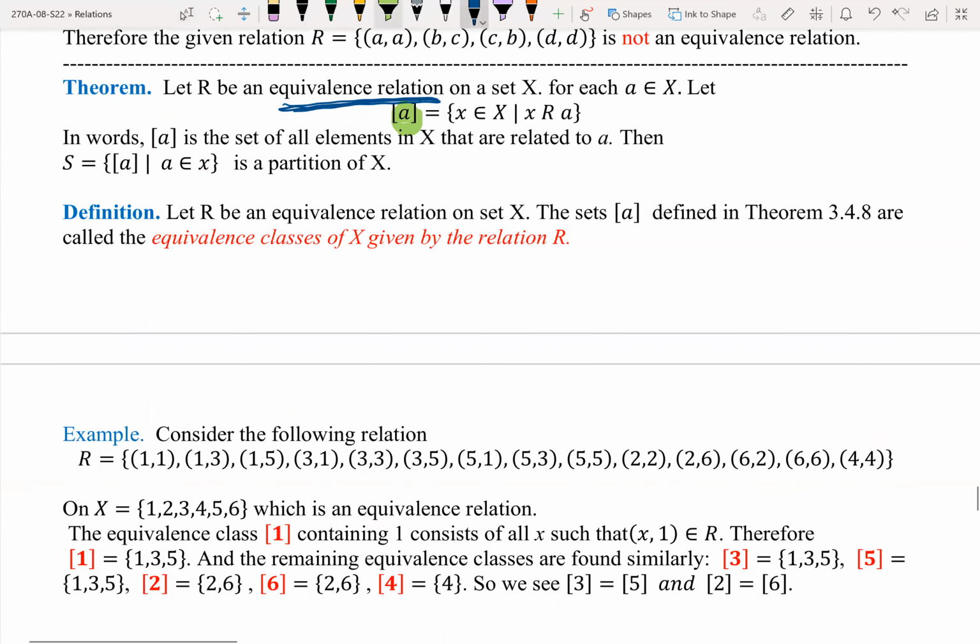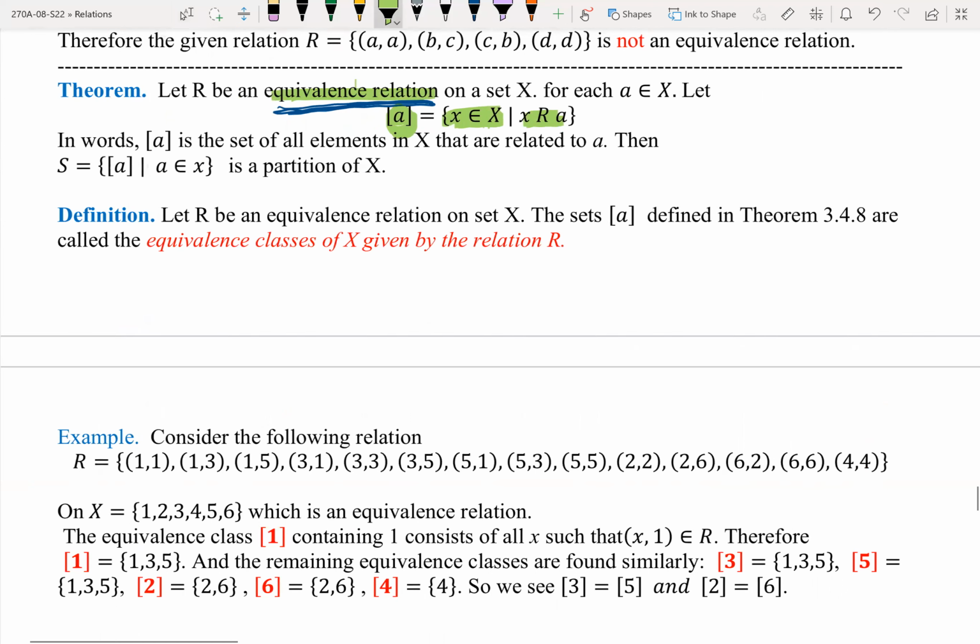The class of equivalence is defined as the set of all members that are related to one element, okay? So class of equivalence basically makes partitions. Like for the previous example, I can recap.